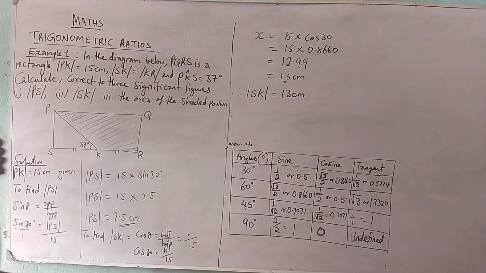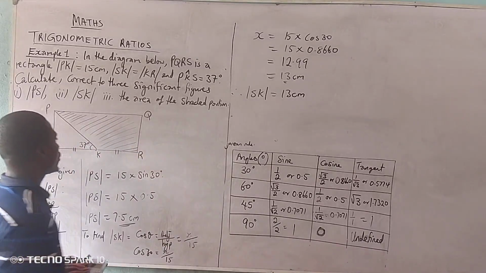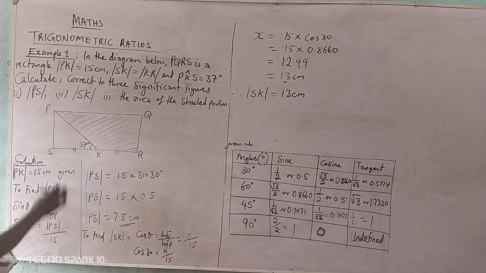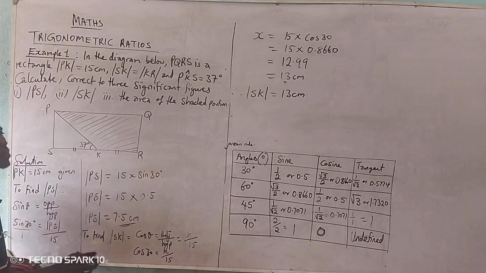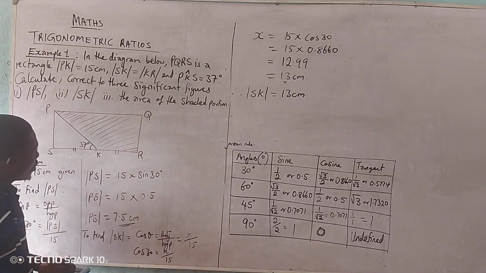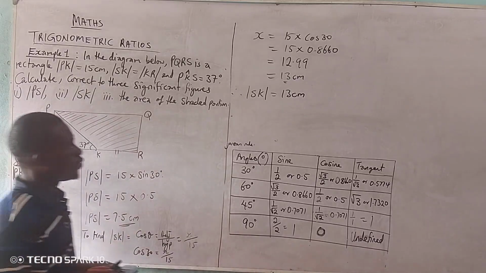So now, the next question says, calculate the area of the shaded portion. Now we know that here is 13 and here is 13, since the two lines are equal. Since they are both 13 cm, we draw our shape.